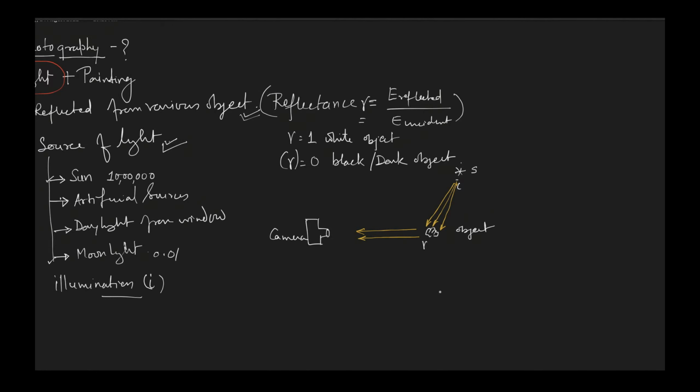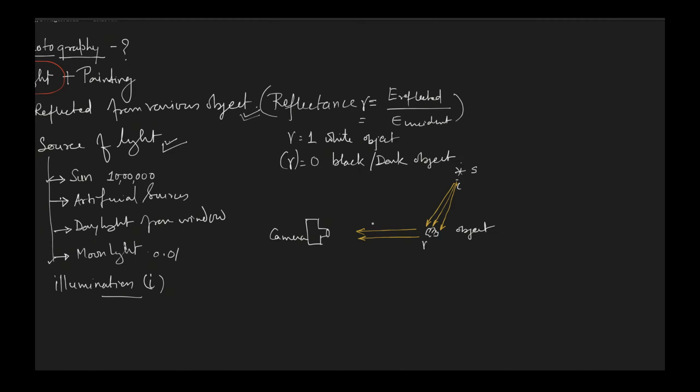Can anyone think and tell me this part? I is the light which is incident. R is the reflectance. So how much light would be reflected?